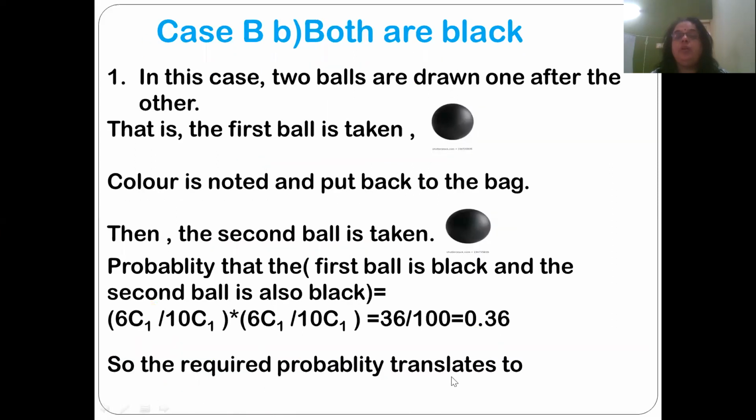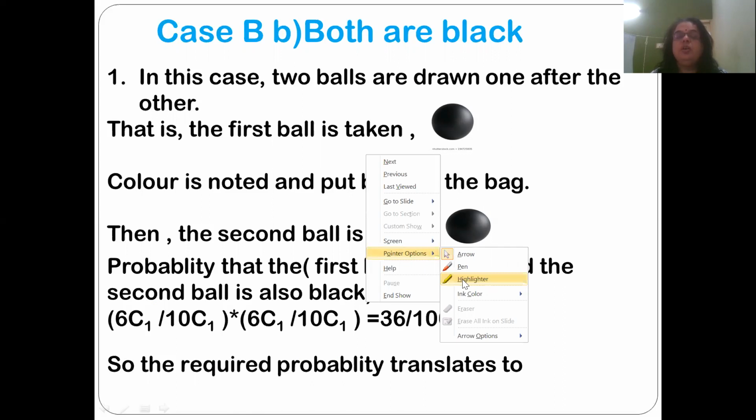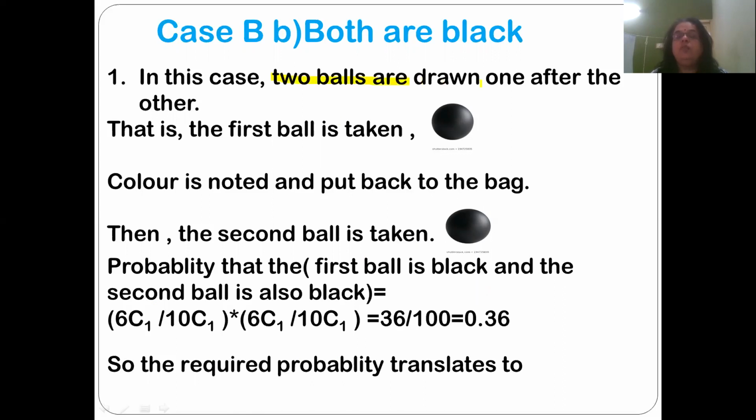In case B, both are black. In this case, 2 balls are drawn one after the other. That is, the first ball is taken, the color is noted and it is put back in the bag. Then the second ball is taken.